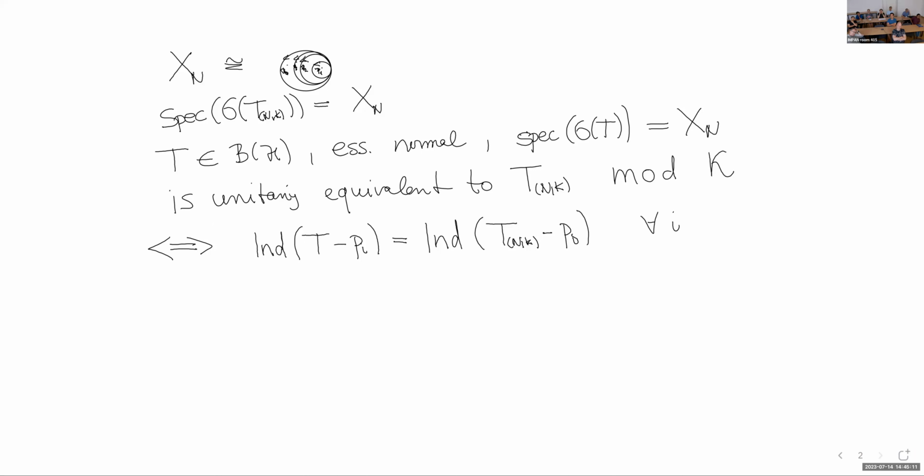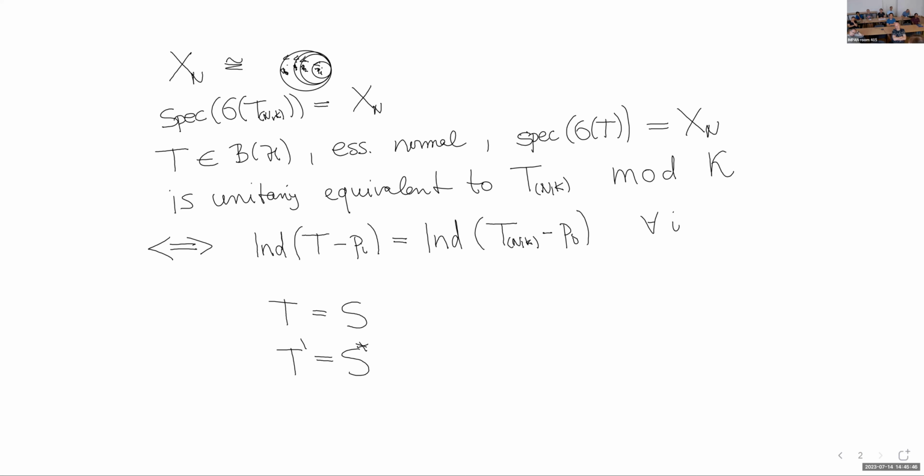So, for example, the extension: if I take T equal to the shift S, and then D equal to S star, these operators both generate the Toeplitz algebra. They generate the same C-star algebra.